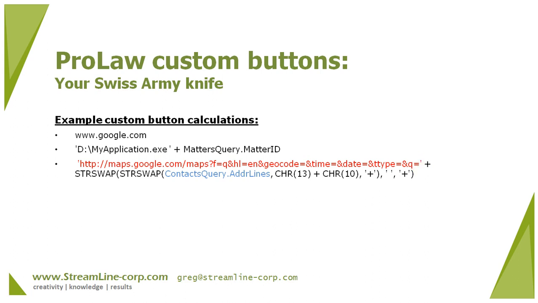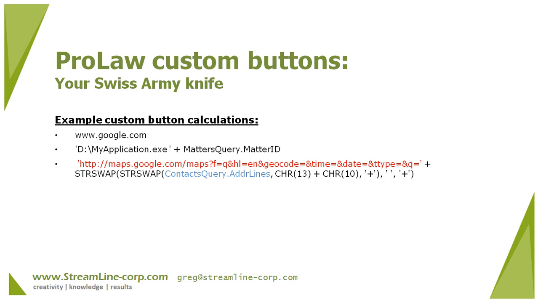And then I just tacked on with the plus sign at the end this long calculation, which is sort of like a V11 report calculation, but you can see that I'm just passing the address to it and then replacing the hard return with a plus between each hard return, and same thing with the spaces, just replacing them with a plus. Replacing the hard returns and spaces with pluses just makes it easier for the Google URL to interpret reliably and then display that address. So, a couple of quick examples.